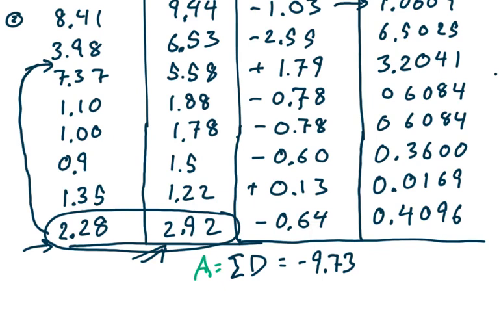For the second column, we'll call this result B. And this is going to be the summation of the D squared values. And so what we get here is positive 40.5437. Right. So that is the bulk of the scratch work that we have to do.